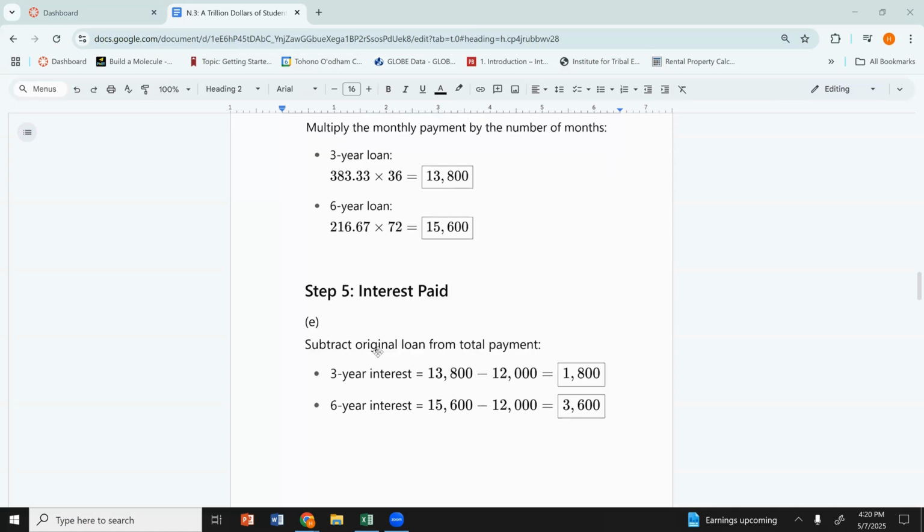So if you want to know the exact interest you pay, you could say, well, in my 3-year loan, 13,800 in total. That's what I pay. And I borrowed 12,000. So 13,800 minus 12,000 is going to give you 1,800.